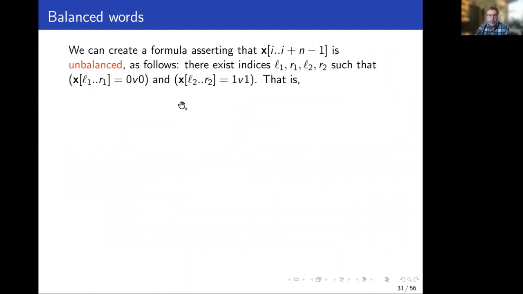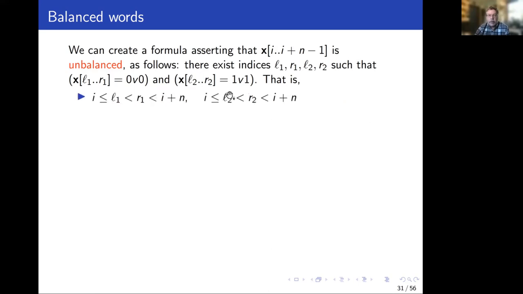So we can create a formula asserting that this factor is an unbalanced factor by asserting that somewhere in there is 0v0 and 1v1, that there's indices left 1, right 1, left 2, right 2, such that x L1 R1 is 0v0 and x L2 R2 is 1v1.